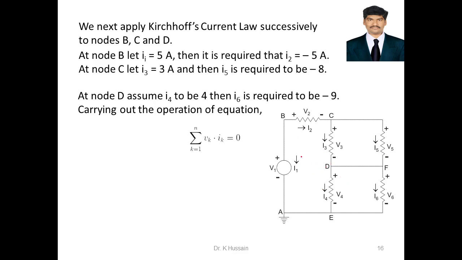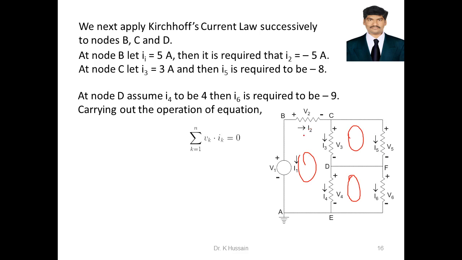You can find the currents by using loop analysis. Then after solving those three equations, because there are three loops here, this is one loop, this is another loop, and this is another loop, so solve these three and you will get the currents.